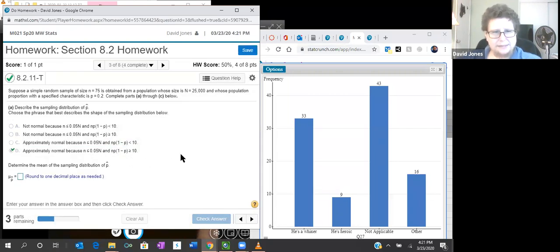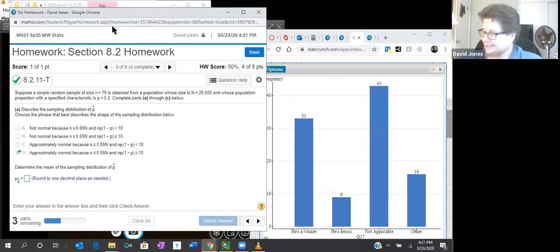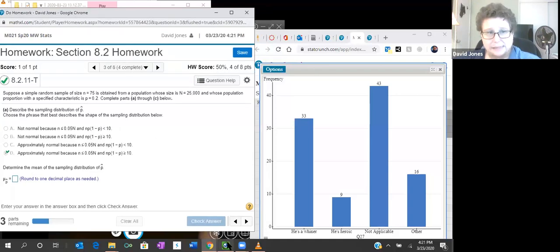Part B. Not even part B. This is still part A. Part A. Determine the mean, and I'm going to guess they're going to want p hat, or the standard deviation as well. But let's take a look at what we're doing. We'll do them one at a time.